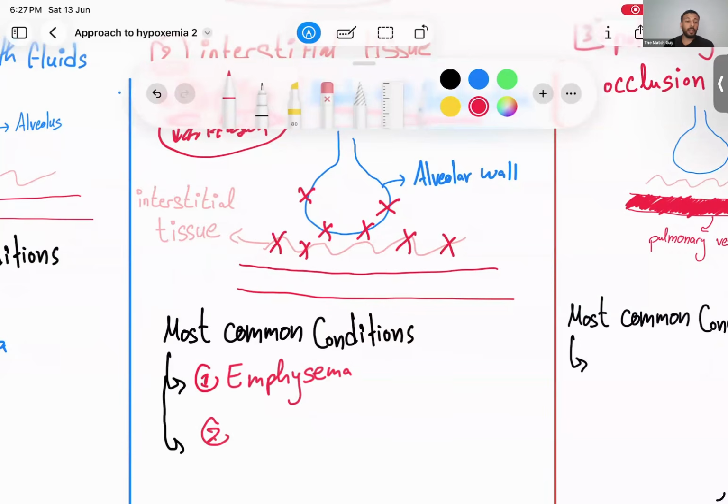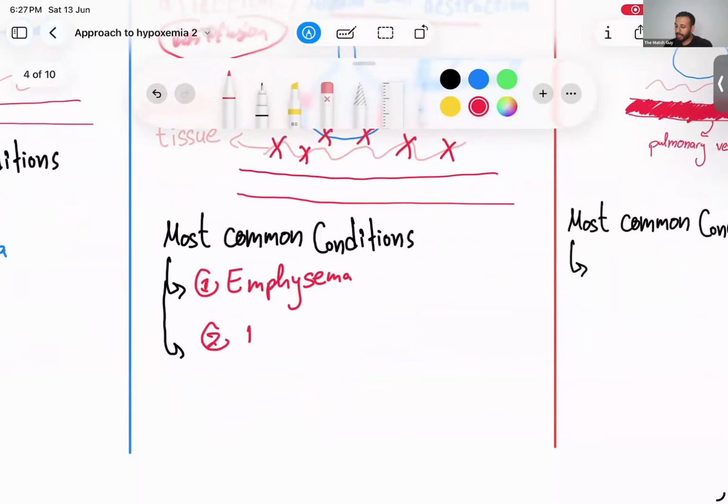Let's put it in a general term: interstitial lung diseases. Any interstitial lung disease, including fibrosis, sarcoidosis, hypersensitivity pneumonitis, anything that leads to interstitial lung disease is gonna affect the interstitial tissue.